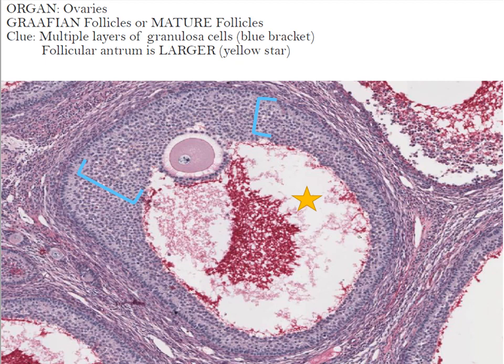Okay, next or the last stage of your follicular development is the Graafian Follicle or mature follicles. So, kung makikita natin, ayan na, yung accumulation ng granulosa cells, yung nasa blue bracket, and mas malapad na yung follicular antrum. As compared kanina, parang half-half, diba?